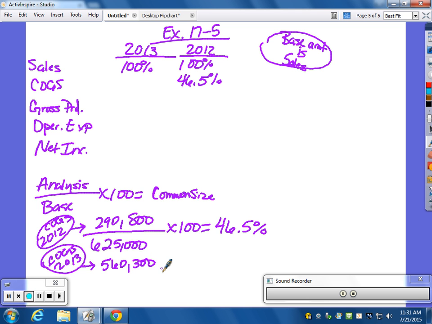And what is 2013's sales amount? 740,000. Which means that the common size percent for cost of goods sold in 2013 is what? 75.7%.